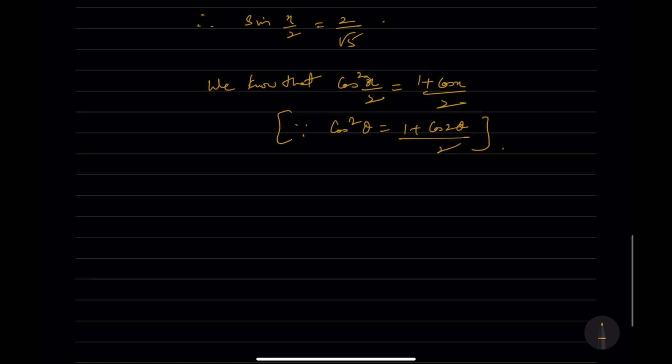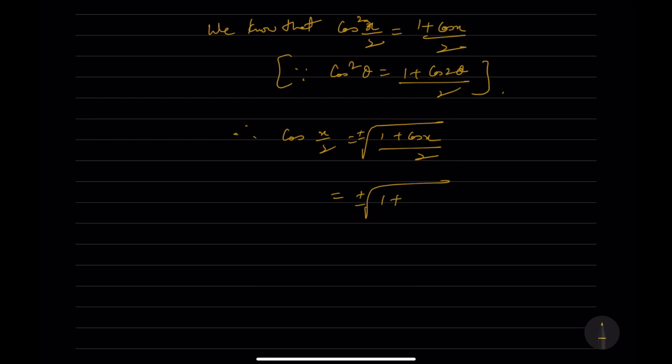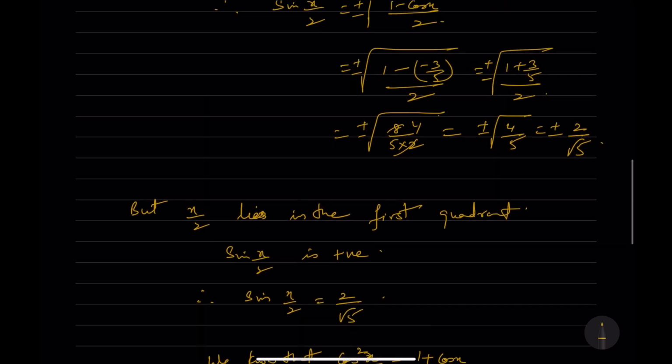So here going into this, you have to find out all the trigonometric ratios. So cos of x by 2 is equal to root of plus or minus 1 plus cos x by 2, which is equal to root of plus or minus 1 plus, what is cos x we got here?